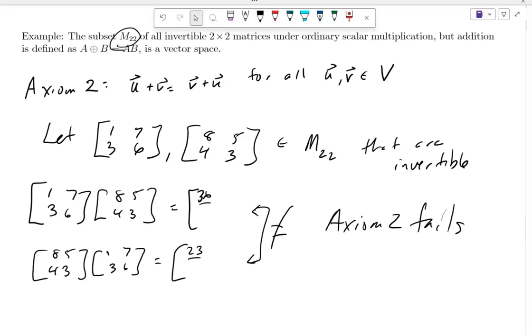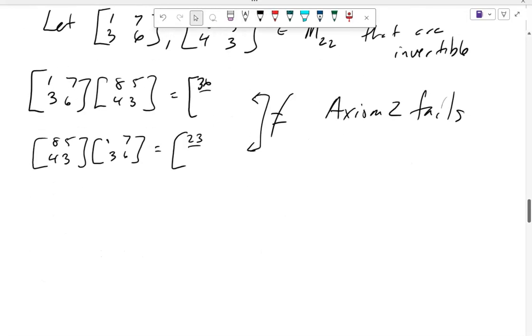Okay. For example, if you want to do C times that sum, well, again, how are we defining sum? How are we defining addition? Multiplication. There's nothing to distribute anymore, is there?